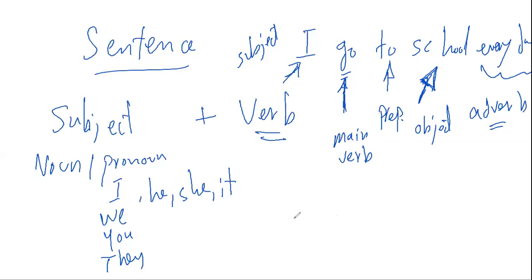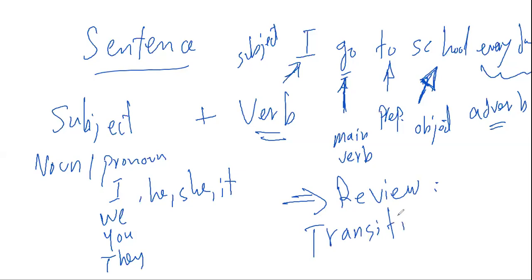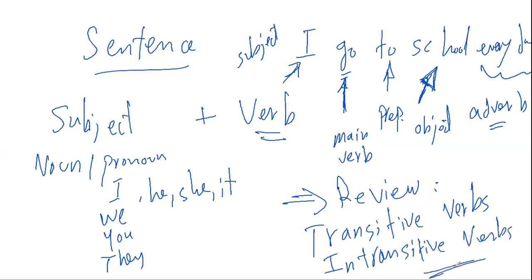Review the following: transitive verbs and intransitive verbs. So you can make a sentence with just subject and finite verb, and you can make a sentence with subject and verb and object, and you can put adjectives in your sentence. You can put adverbs as you wish.